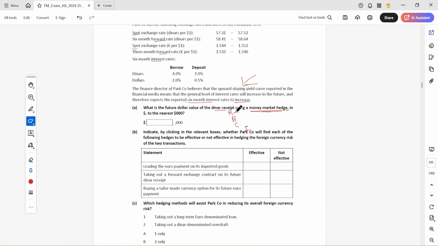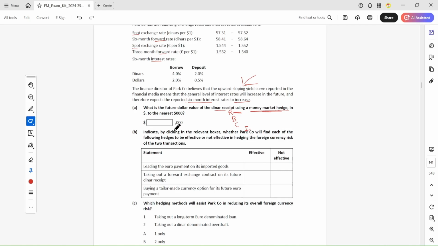My notes are sufficient to attempt any questions in risk management. If you don't understand, watch again and again and try to solve these questions. I can do many questions, but you will still face problems if you don't do them yourself. So this will be your homework.